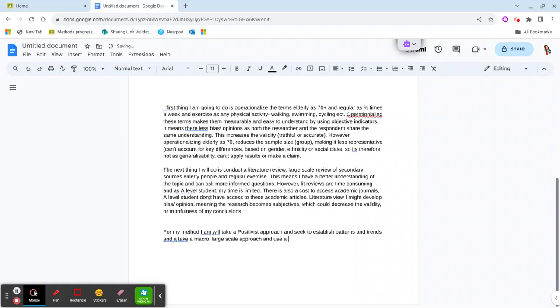And use a quantitative method, expressed in numerical statistical form, and conduct a structured interview. So I'm going to do a quantitative and conduct a structured interview.